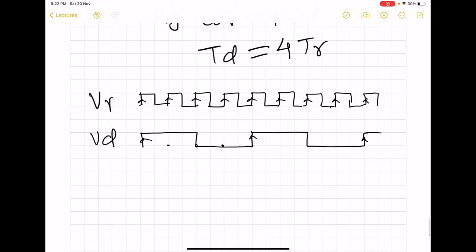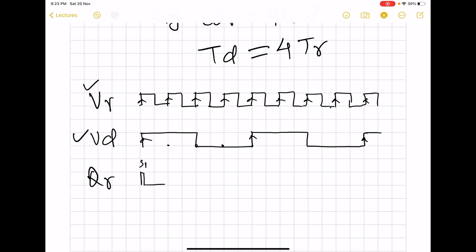We see that we have the rising edge of VR occurring before the rising edge of VD. So what will be QR? It becomes high. It goes into state 1. And the rising edge of VD will bring it back.